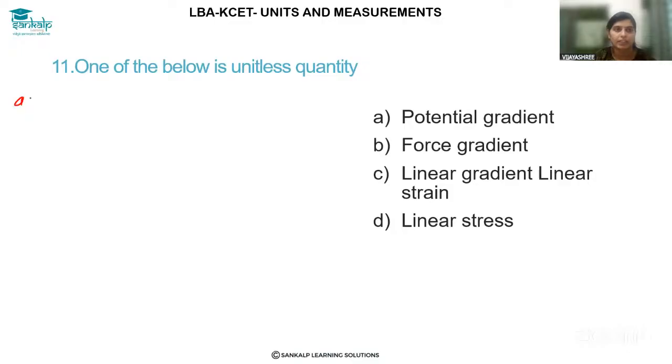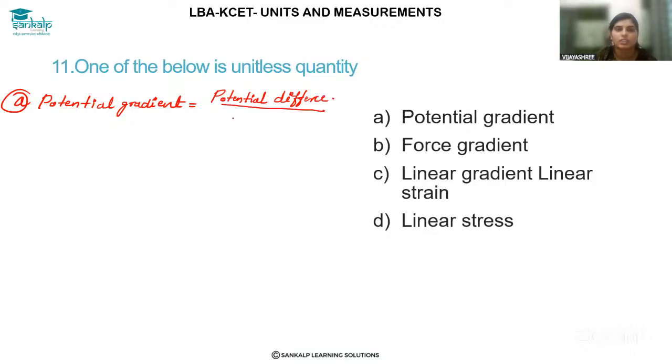For option A, potential gradient. What is the potential gradient formula? Potential gradient is equal to potential difference divided by distance. Gradient means divided by distance.